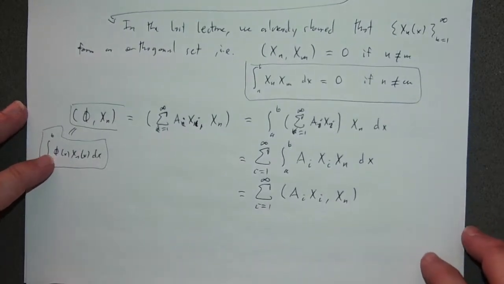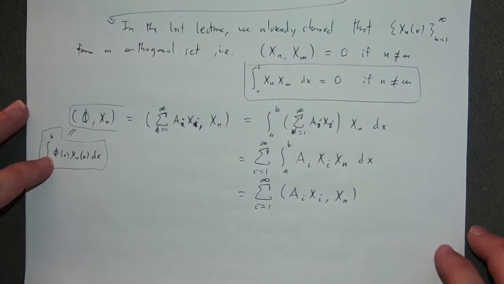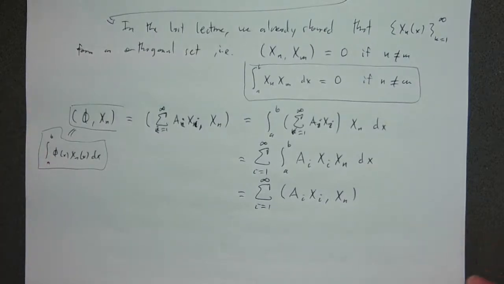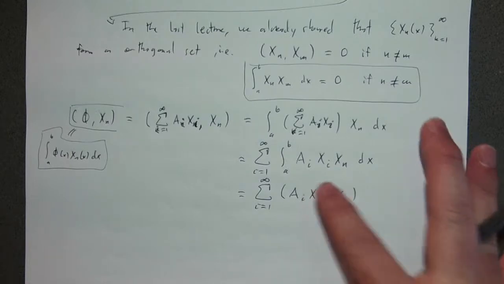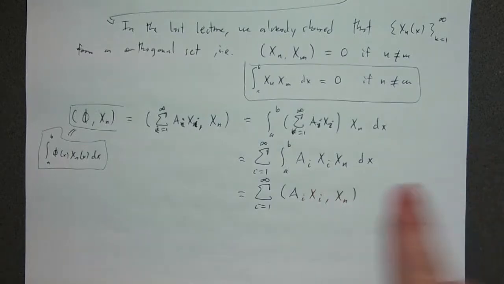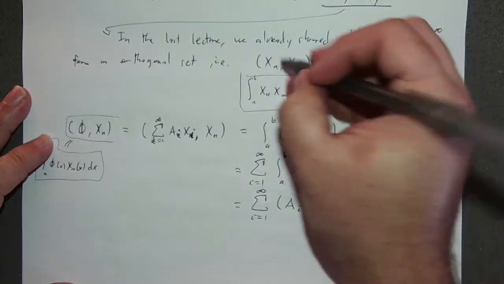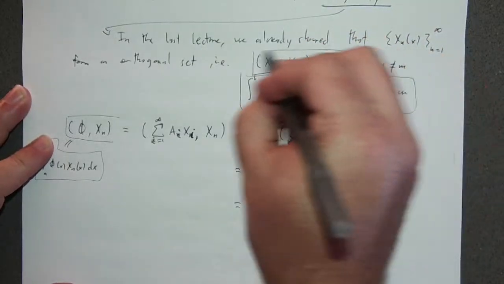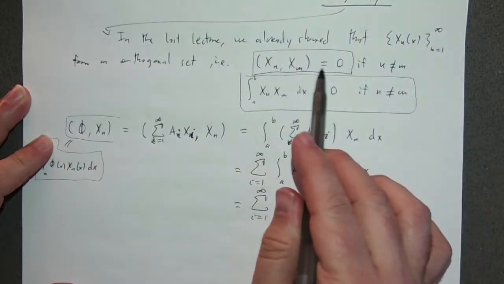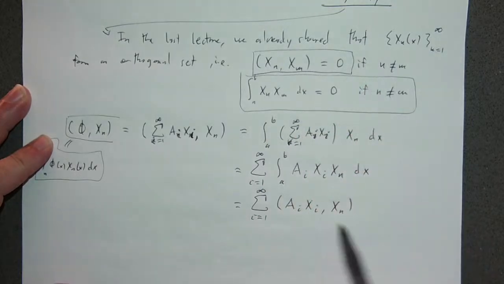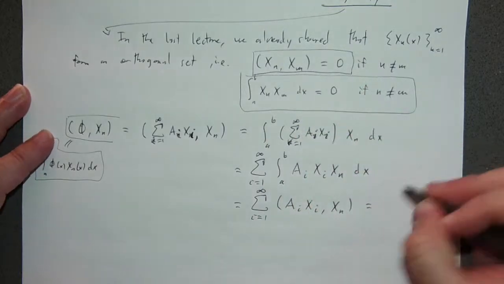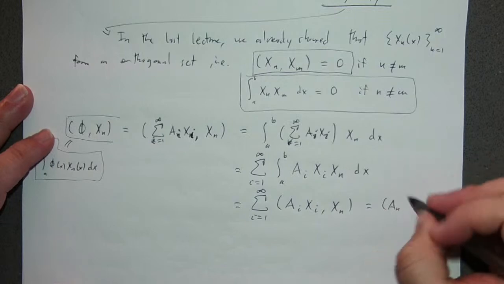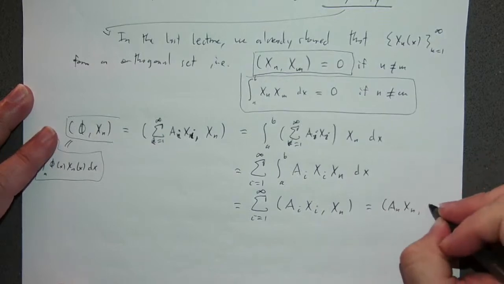Well, now what? What term gets picked out here? Because of this orthogonality, the inner product of x sub n and x sub m is 0 if n and m are not equal, the only term that gets left here is a sub n x sub n with x sub n.